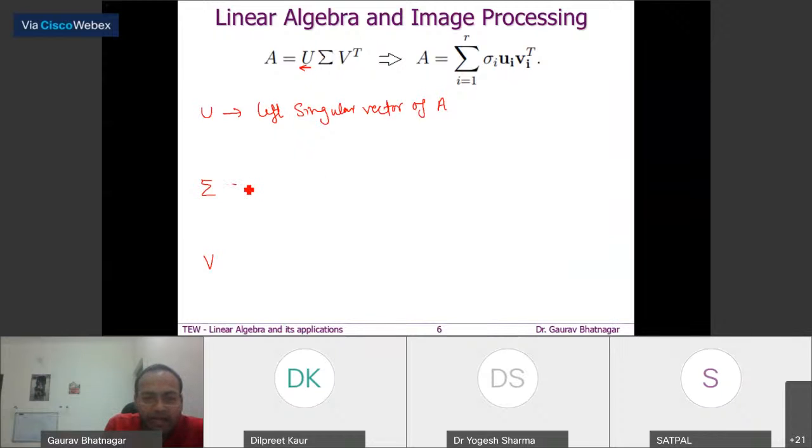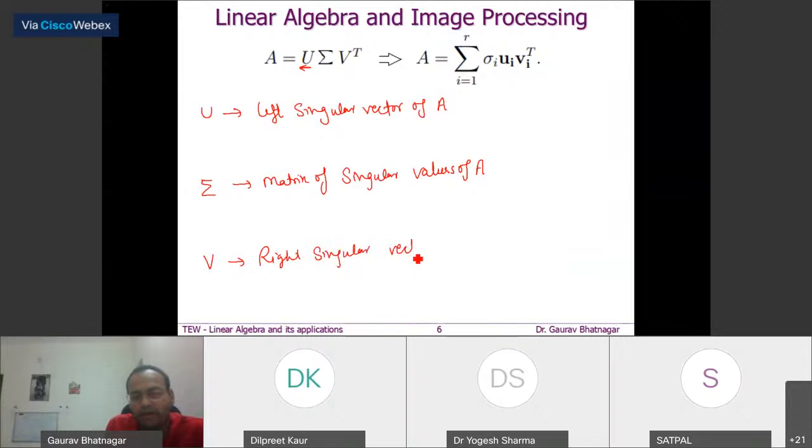This sigma is going to be the matrix of singular values of A. On the other hand, this V is going to be the right singular vector of A.